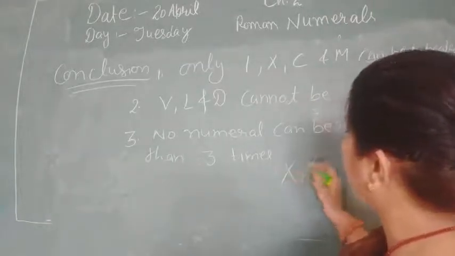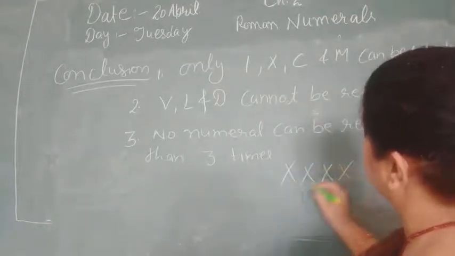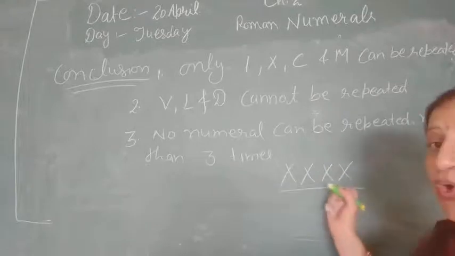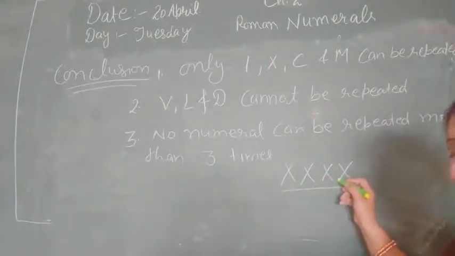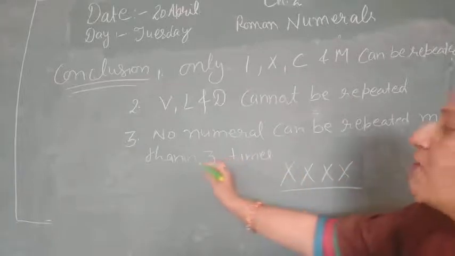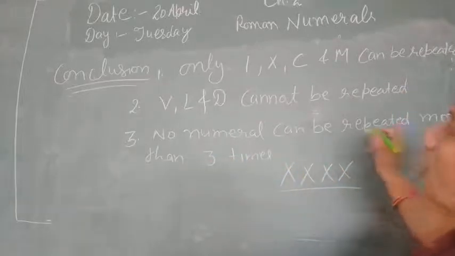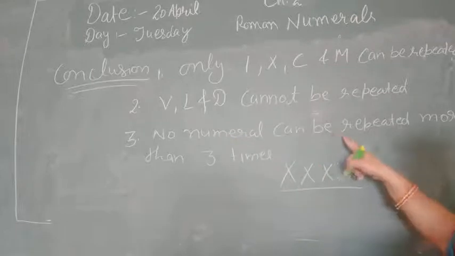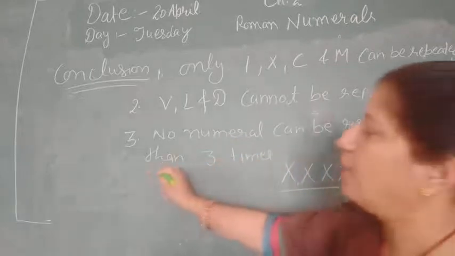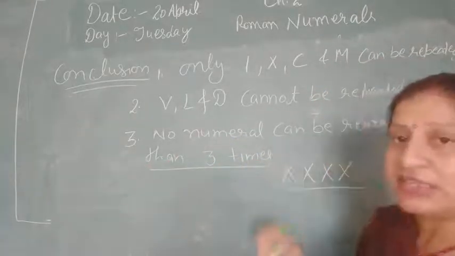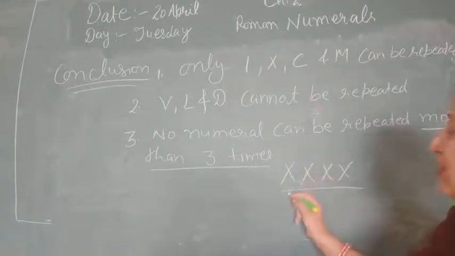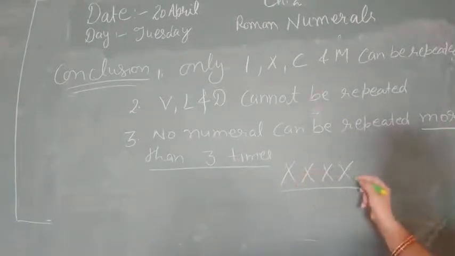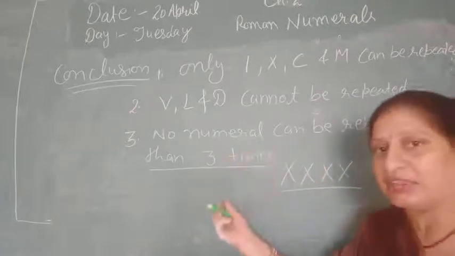Suppose I write X, X, X, X. Now it is here 4 times. X is repeated 4 times. But it is wrong, because our condition is that no numeral can be repeated more than, मतलब ज़्यादा, किससे ज़्यादा? 3 से ज़्यादा. Now here you see that this number is repeated 4 times and it is more than 3.